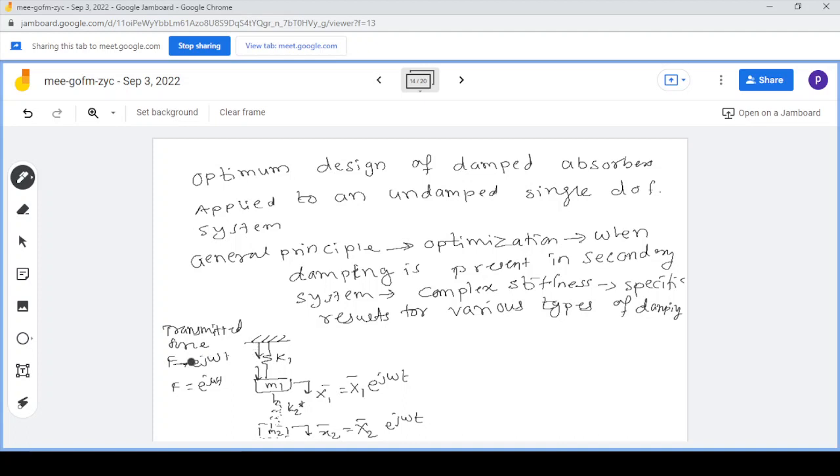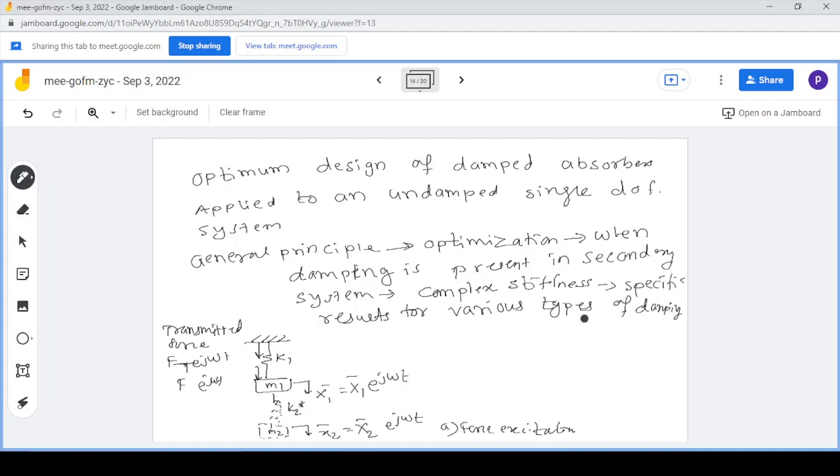So force exerted is Ft, and force which is exerted on the mass M1 is F. Force transmitted to this is Ft e raised to j omega t, and force exerted on the M1 is F e raised to j omega t. Okay. So in this case, the first is called force excitation. This is a case of force excitation.